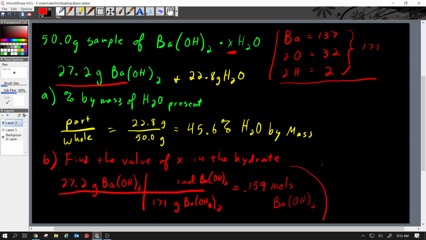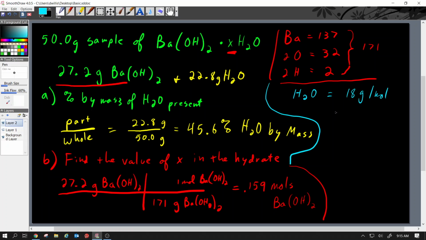Great. Now I'm going to find the number of moles of water. I'm going to switch to a nice light blue color for the water. Water, H2O, 2 times 1 plus 16 is 18 grams per mole.